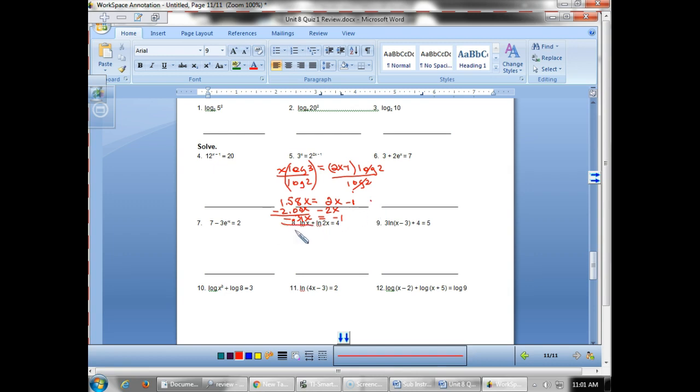So then you would divide by negative 0.42, and what do you get for x? 2.408. Do you really get that when you divide it? Yeah, because 1.58 minus 2 gives you negative 0.42.